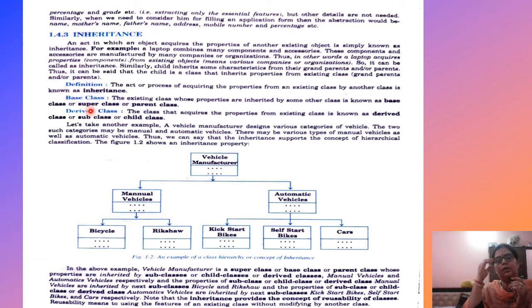Inheritance, students, is the act or process of acquiring the properties of an existing class by another class. It means, like you inherit some things from your father, from your grandfather, that comes under inheritance. It is like that in programming also. There is class, subclass, main class, base class, derived class.